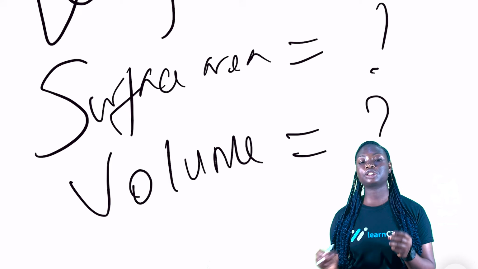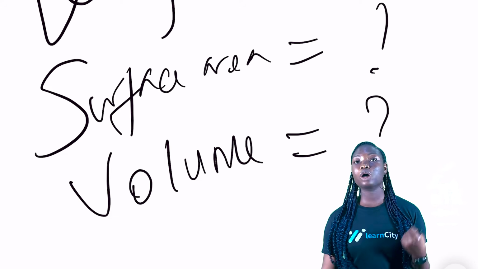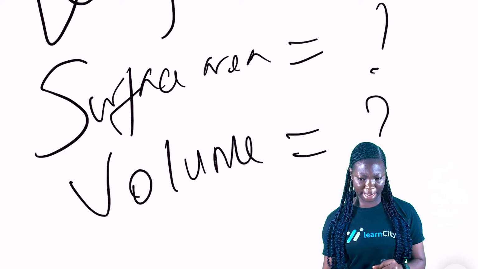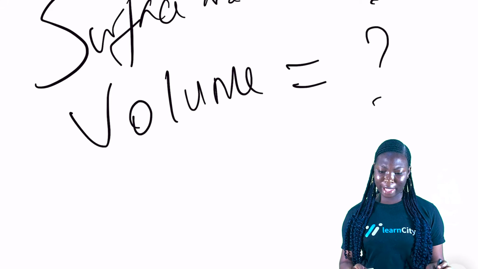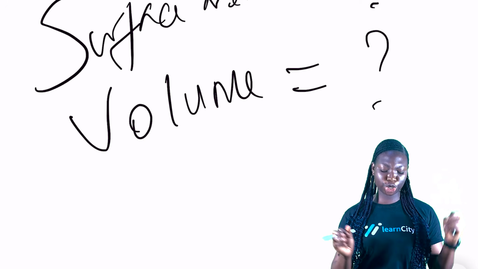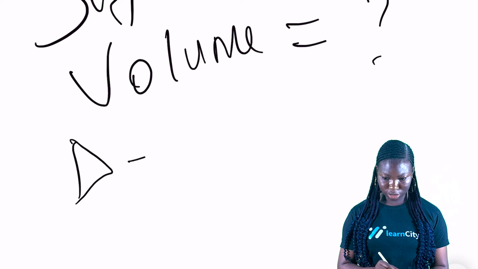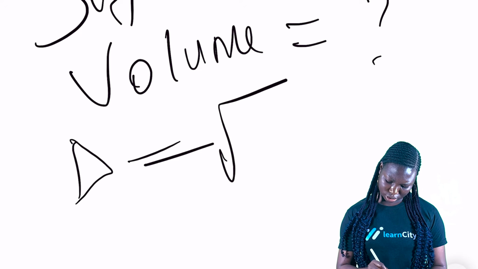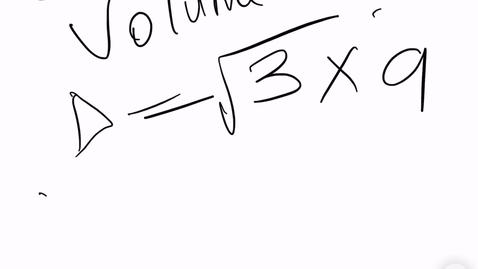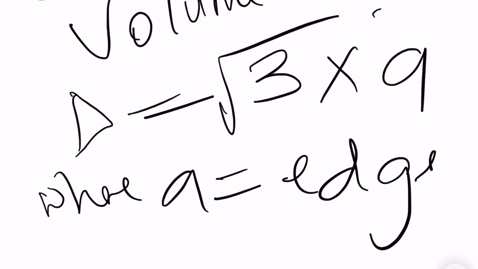When we are looking for surface area, it is also known as the curved surface area or the total or the complete surface area. Where we have the edge to be 8 centimeter, for a cube, we have our length diagonal to be √3 times A, where our A is always the edge.